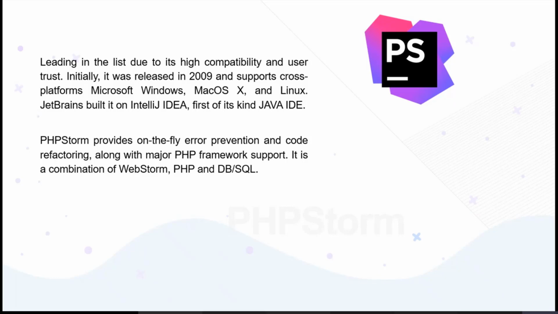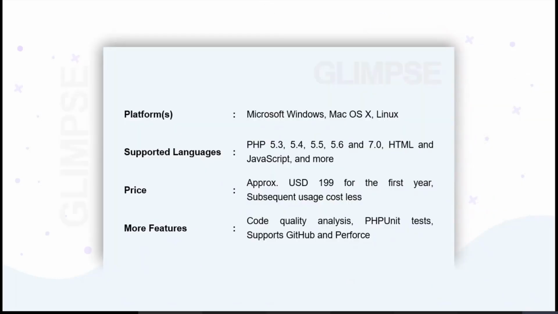It's a combination of PHPStorm, PHP, and DB-SQL. The platforms it supports are Microsoft Windows, Mac, and Linux. For supported languages, it supports plenty of versions of PHP, starting from PHP 5.3 onward, including HTML and JavaScript and many more.